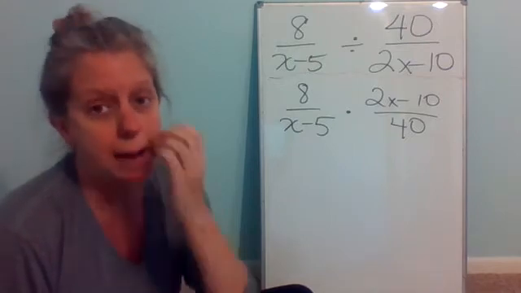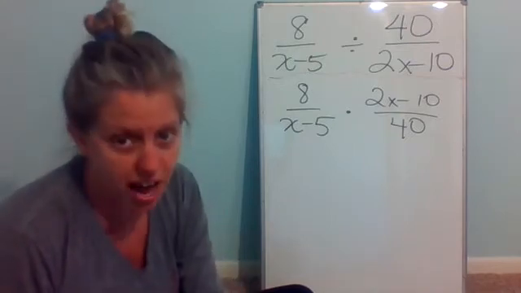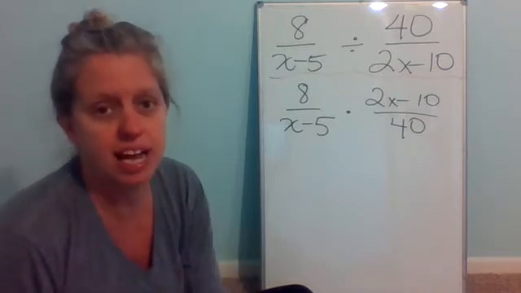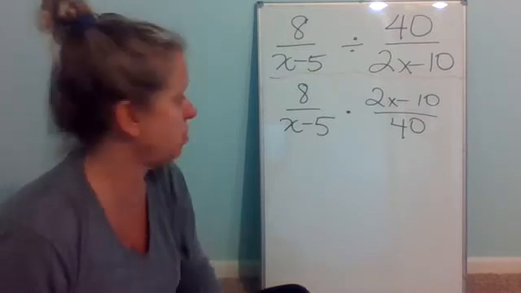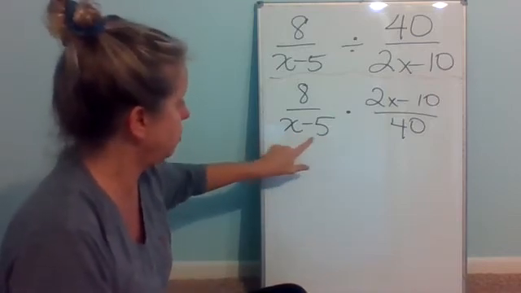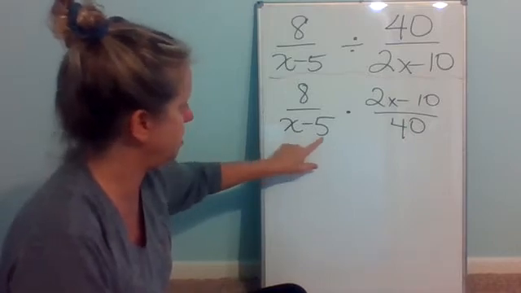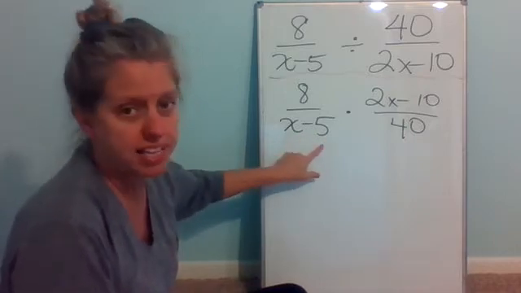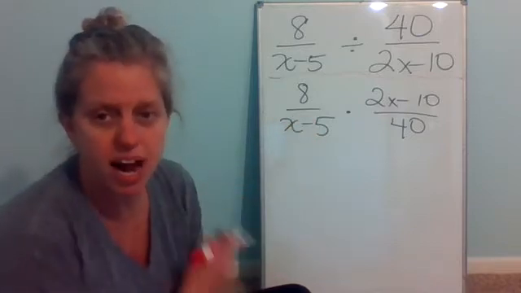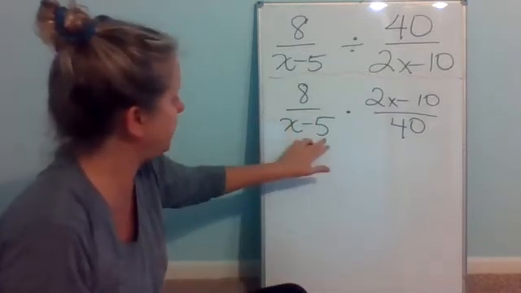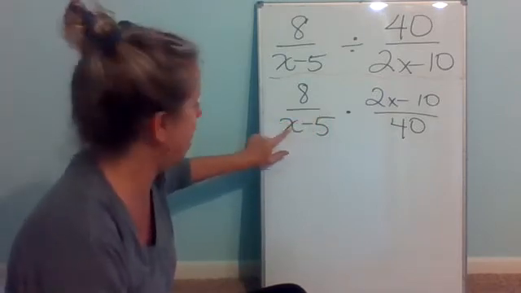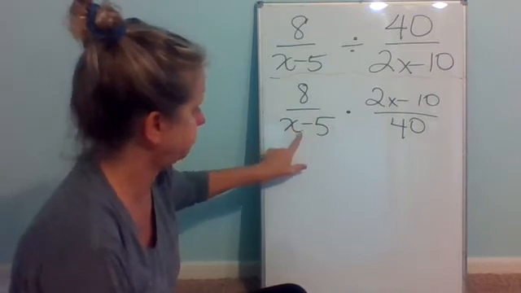That says I may have to do some factoring before I can do anything else. So down here, there's only 2 terms, so I'm looking for something in common. There's nothing in common with x and 5, and it's not a difference of squares, right? Neither one of these terms are perfect squares. So there's not anything I can do to factor right here.